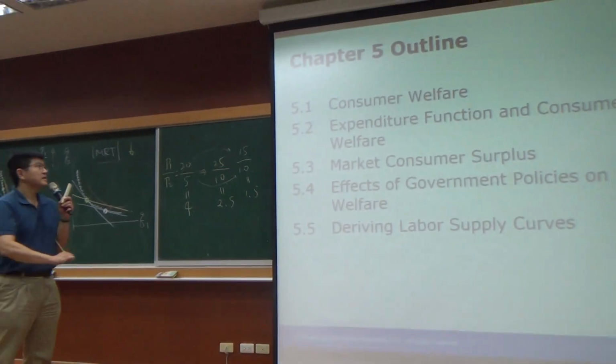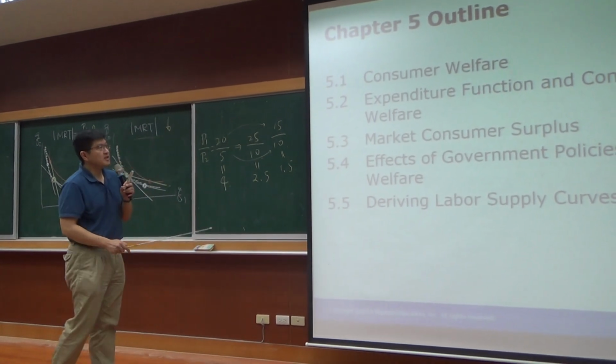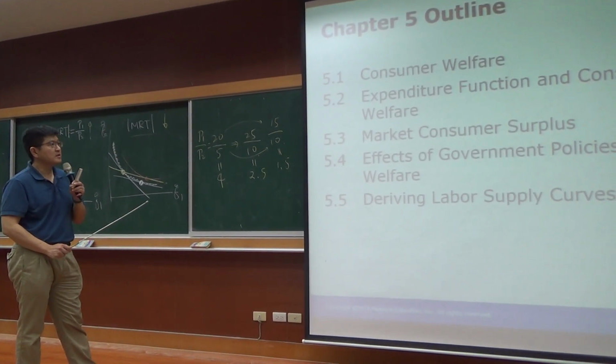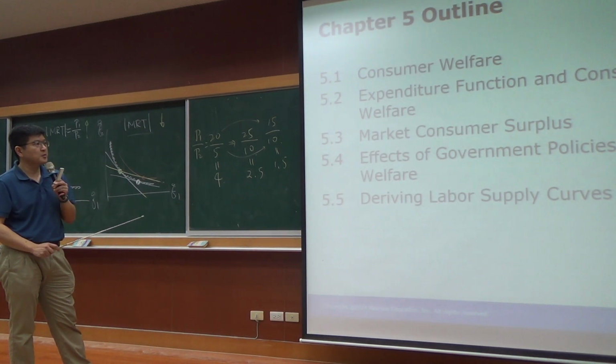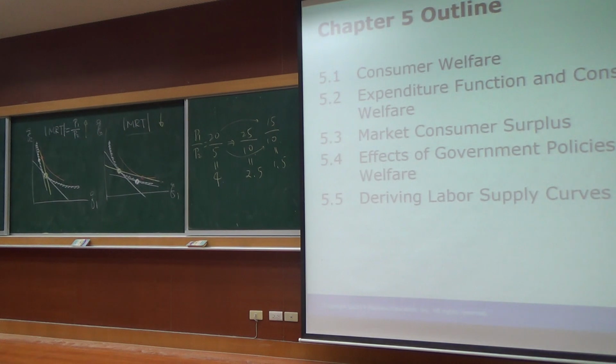And the outline. 5.1, consumer welfare, expenditure function and consumer welfare, market consumer surplus, effect of government policy on consumer welfare, deriving labor supply curves. Okay, this is what we are going to study in chapter 5.